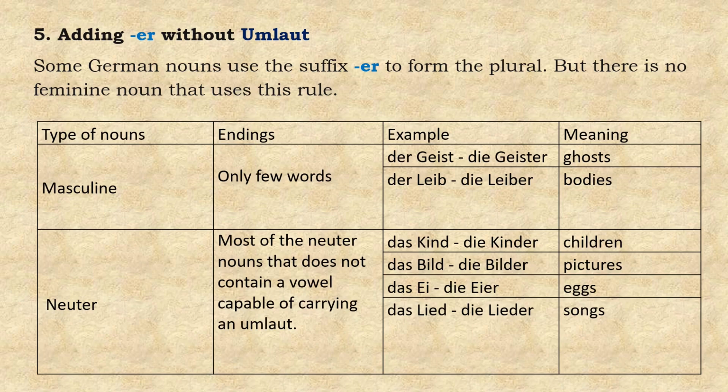Most of the neuter nouns that do not contain a vowel capable of carrying an umlaut. For example, das Kind, die Kinder, das Bild, die Bilder, das Ei, die Eier, das Lied, die Lieder.